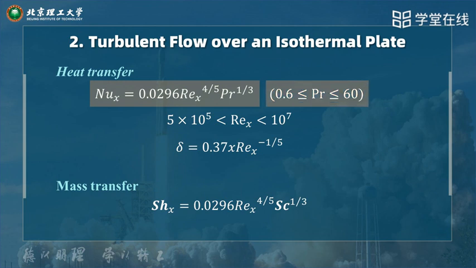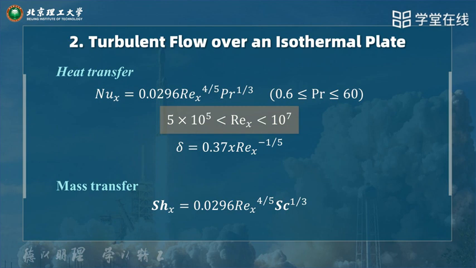The Prandtl number is in the range 0.6 to 60, a very big range. In this case, the Reynolds number is larger than 5 times 10 to the power 5, smaller than 10 to the power 7. So the range is still very big. The thickness of the boundary layer delta is 0.36 x times Reynolds number power minus 1 over 5.